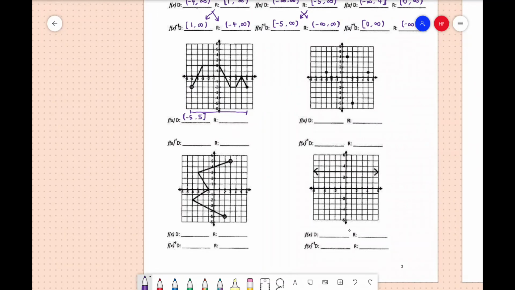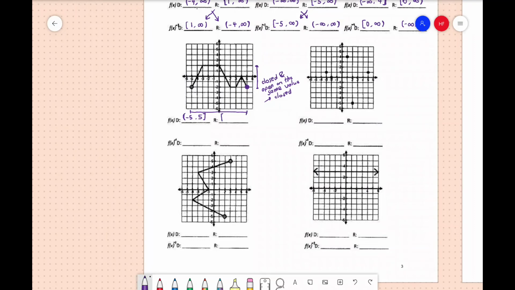My range, my lowest value on the range is here. My highest is up here. So my range, I have a closed circle on the same value as an open circle. So if there is a closed and open on the same point, same value, take the closed, because that value would be included in my range.